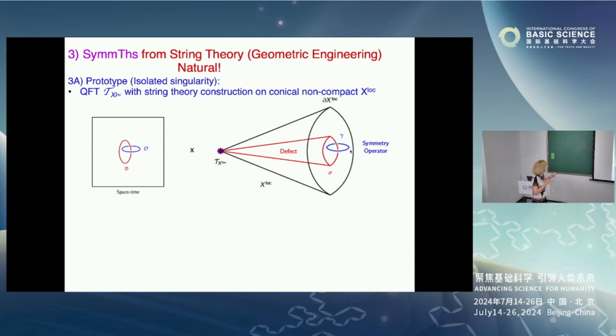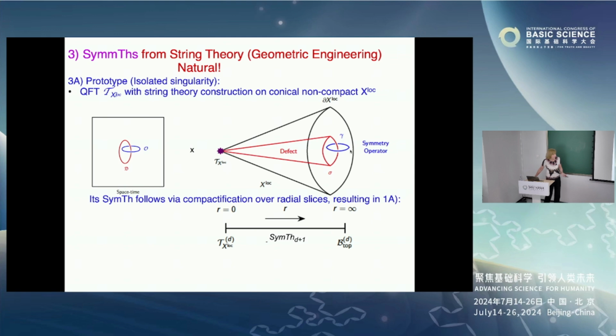So the emergence of symmetry theories in string theory is also just natural and on the nose in this case, as this extra non-compact conical space naturally provides an extra non-compact radial direction on which we construct the corresponding symmetry theory.